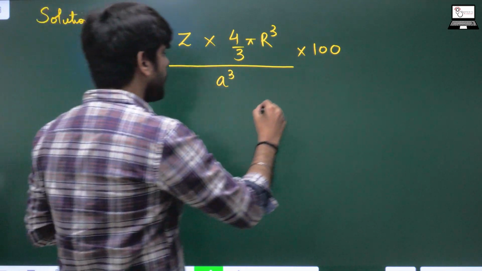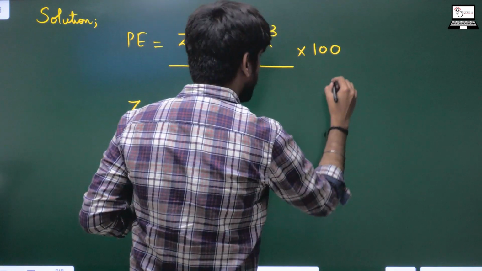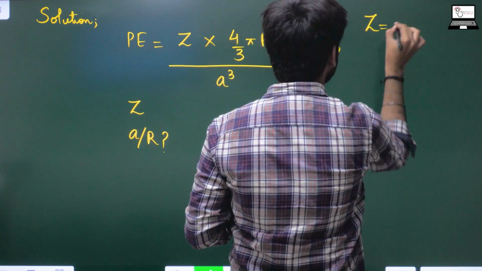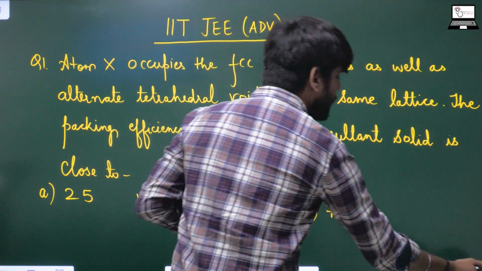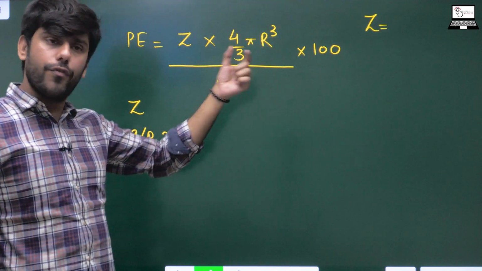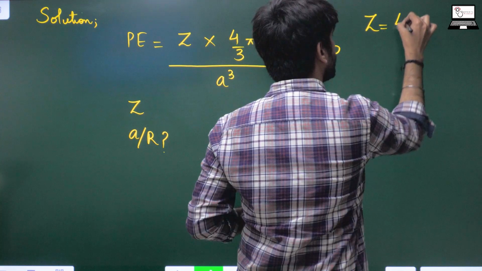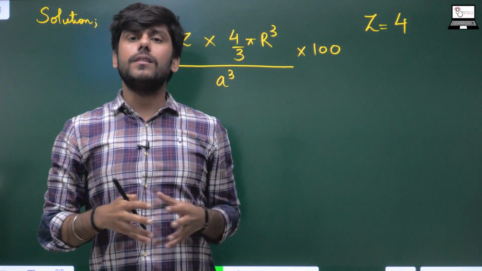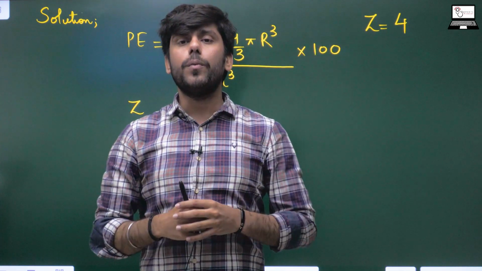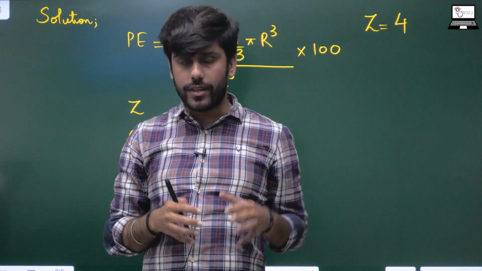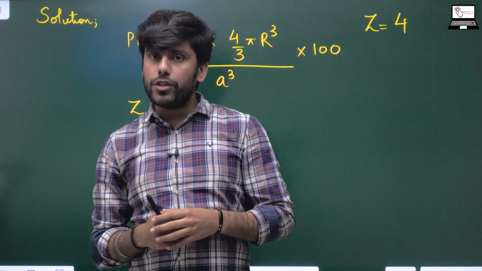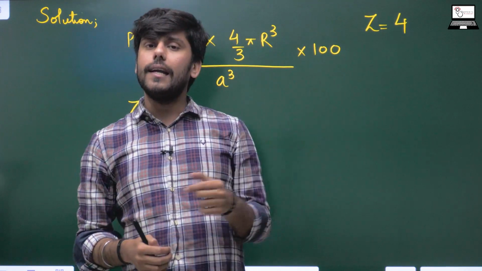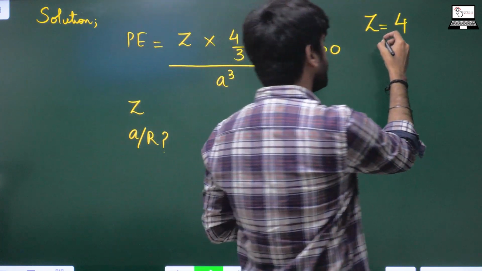So for Z, since this atom occupies the FCC lattice, the Z value is 4, right? So the Z value is 4. Why? Because 8 atoms are at the corners of the cube and 6 atoms are at the face centers, which have 1 by 2 as the contribution at the face center and 1 by 8 as the contribution at the corner.